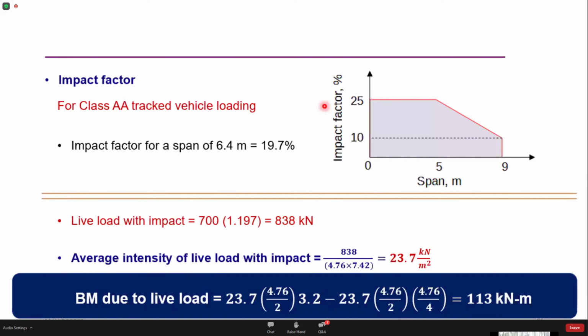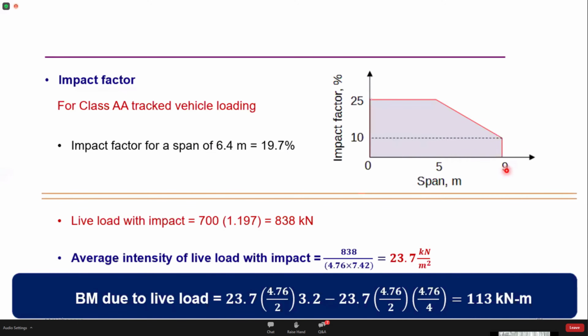Coming back to the problem at hand, we have an IRC class A loading acting on a culvert, and we have a span of 6.4 meters. For IRC class A loading, the impact factor is given like this: 25% for spans up to 5 meters and linearly reducing to 10% for spans up to 9 meters.